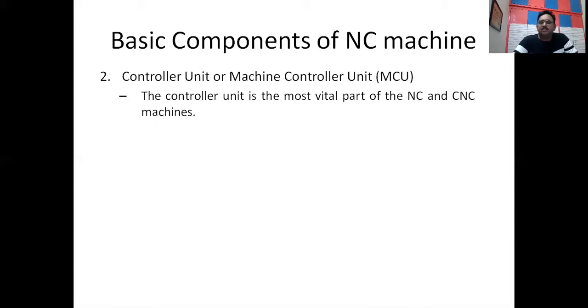Even in CNC, the machine control unit will have a computer, a mini computer. But in numerical control, it's a control unit only. So the machine control unit is a very vital part, the heart and brain of an NC machine.